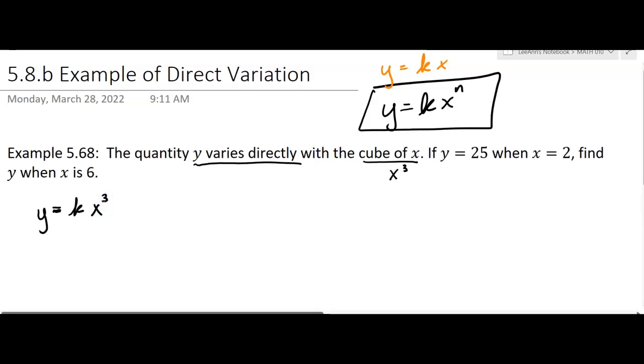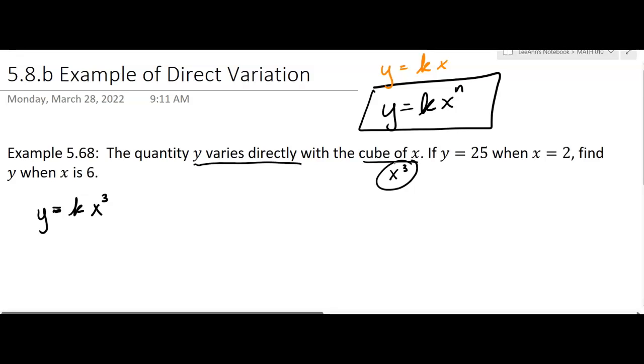Now, it's important that we understand this is multiplication here, k times x cubed, okay? So that's what that sentence is talking about. The quantity y varies directly, so k times something, with a cube of x. And so this is the cube of x, and so that's what it's varying directly.